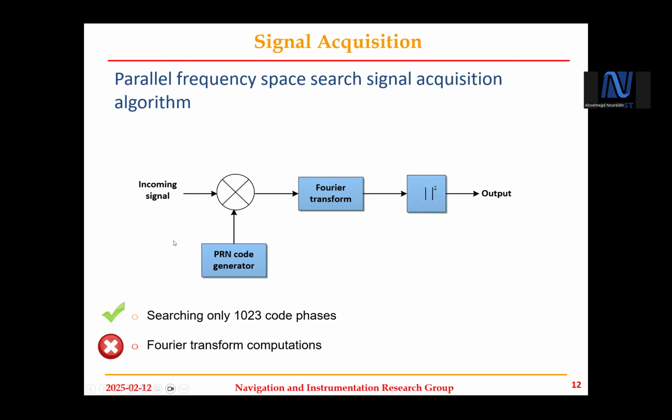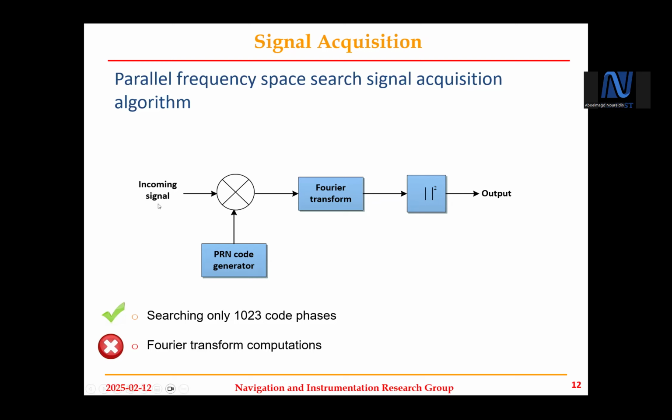In this case, we search only the possibilities for the code phase. How many possibilities? We have 1,023 operations, because if we shift by 1,023, we will get back to the zero place, right? So this amount only.